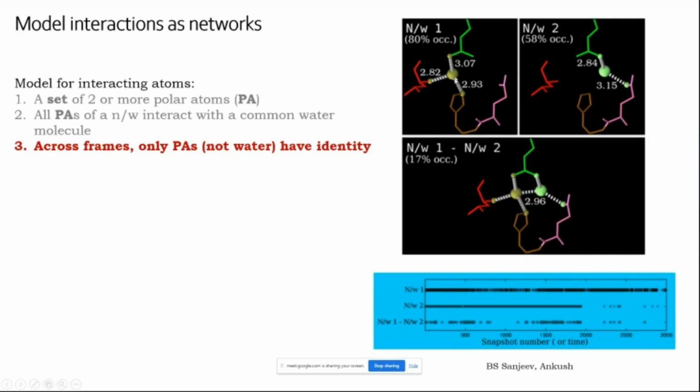In the next one, it could be water number 2. In the third frame, it could be water number 3, and so on. We don't care about it. What we see is that if there are 3 frames, in all 3 frames, there is some water. Water has no identity, except that within a frame, it is the same water molecule that is actually bridging multiple atoms here.